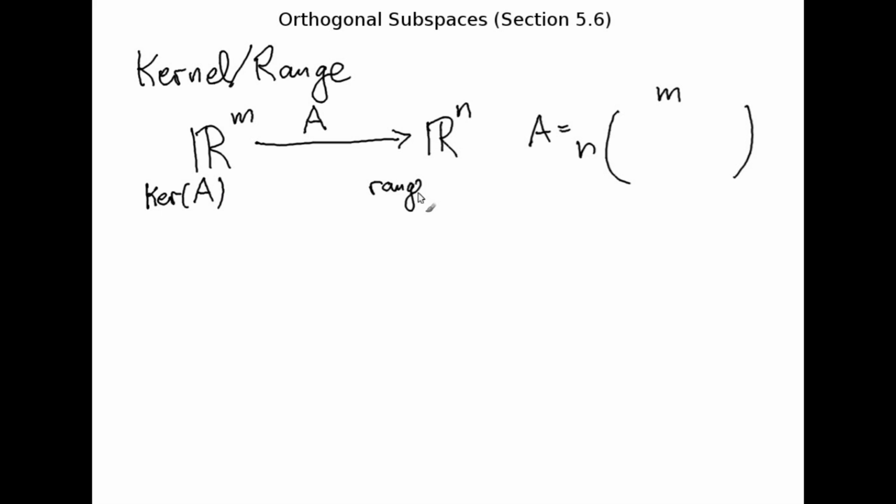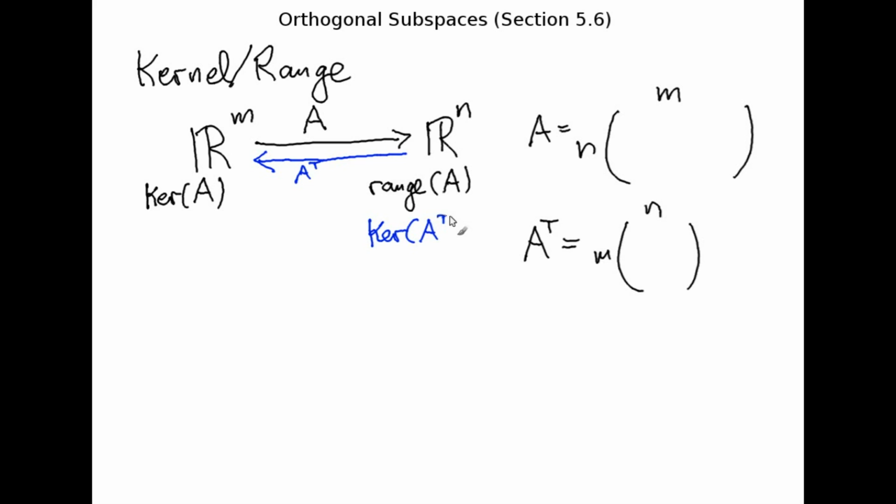And over here is the range of A. And then we talked about taking A transpose, which is an m by n matrix. So A transpose goes this way. And you can talk about the kernel of A transpose and the range of A transpose. And we had different names for these. We called this the co-range of A, and we called this the co-kernel of A.